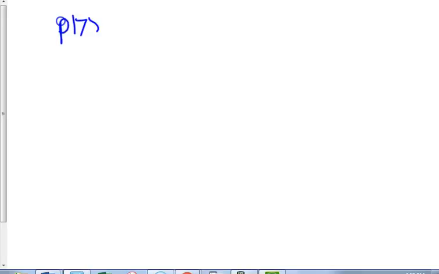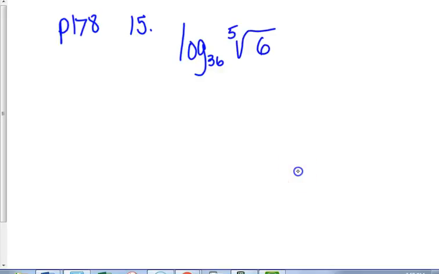Page 178, number 15, says log base 36 of the 5th root of 6. How would you rewrite that as an exponent sentence? Nope, I don't want the word log anymore.